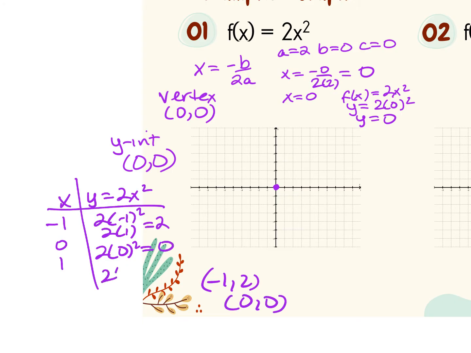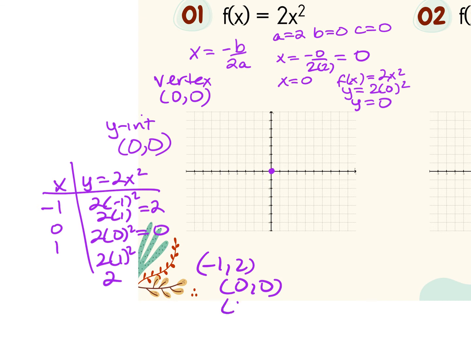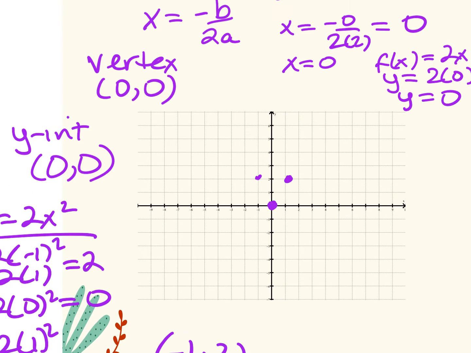And when I plug in 1, 1 squared is 1, so 2 times 1 is 2. So my other ordered pair is 1, 2. So I can now graph those: negative 1, positive 2, and positive 1, positive 2. So here is my parabola. When I connect them, remember you're going to make a U shape.